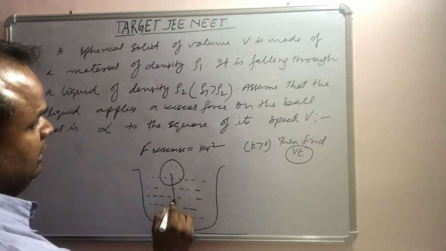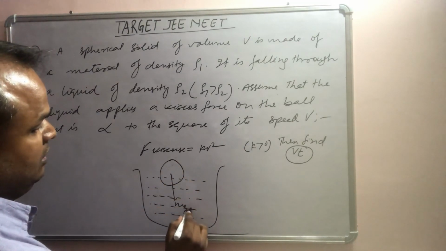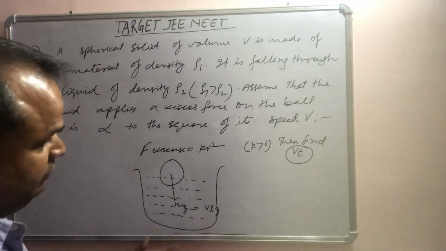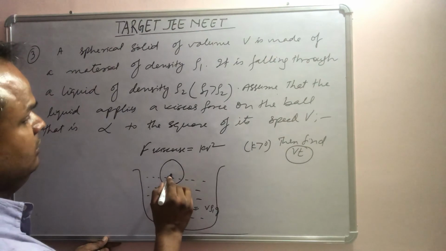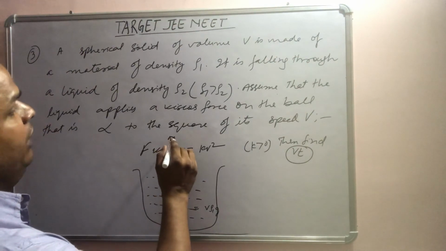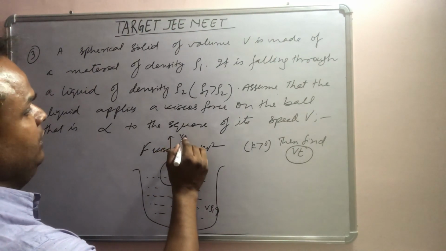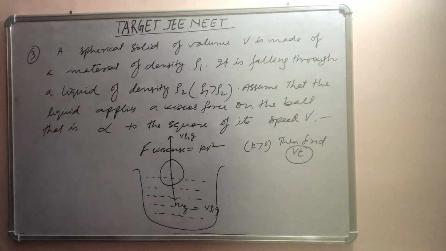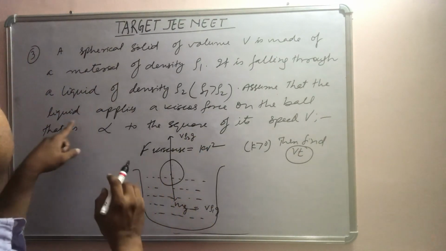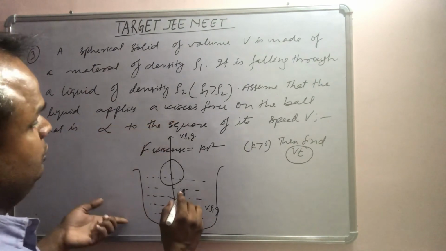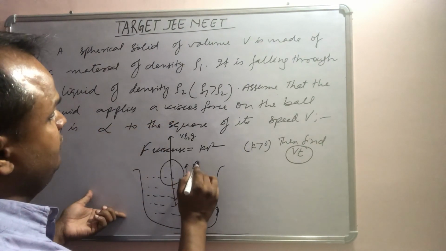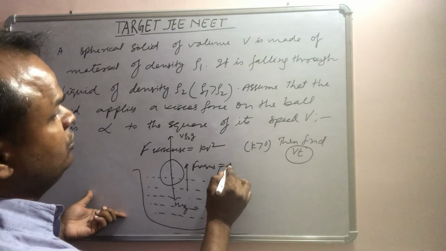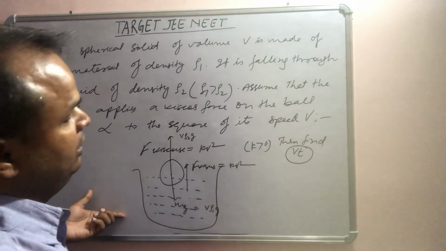If this is the ball, then mg is equal to V ρ1 g, acting vertically downward, and this is the buoyant force V ρ2 g due to water. And it is also given that the liquid applies a viscous force. Suppose that this is F, which is equal to k v square.